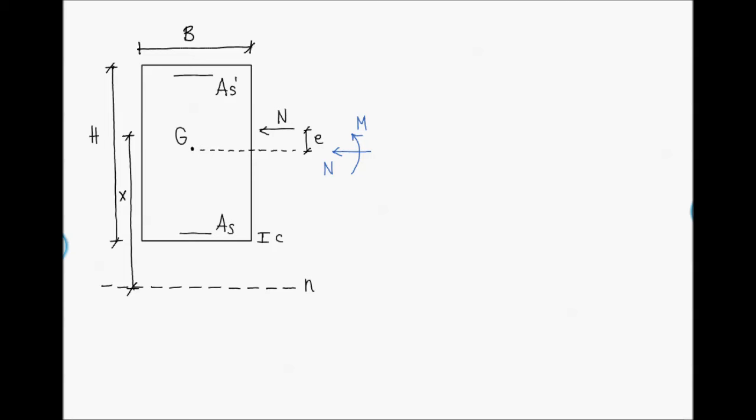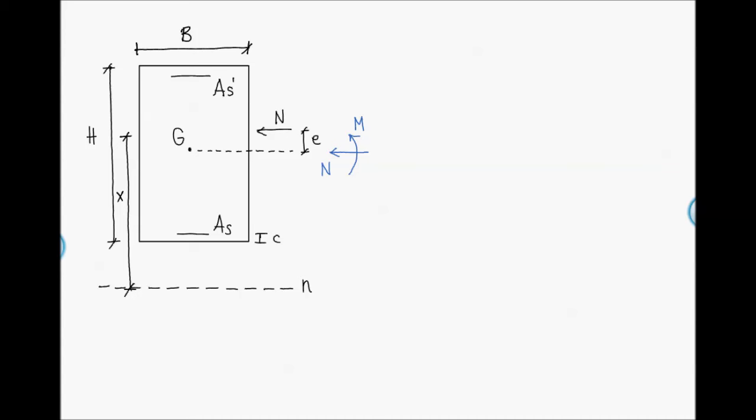So the effect of the axial force N is equivalent to the effect of a centered axial force N plus a bending moment M, as we have already observed. So by using the effect superposition principle, we can compute the stresses on our cross-section, summing up the stresses given by the presence of a centered axial load and the stresses given by the presence of the bending moment.